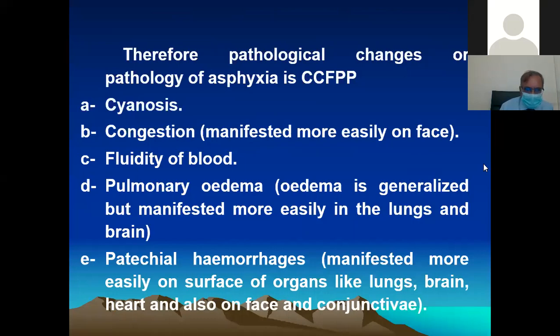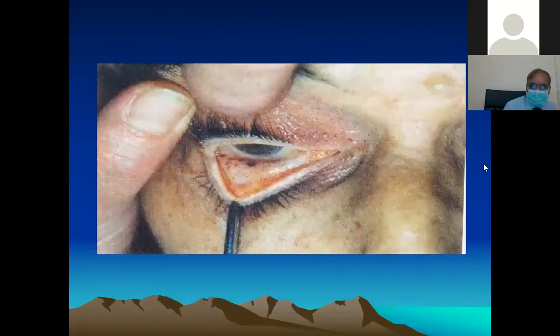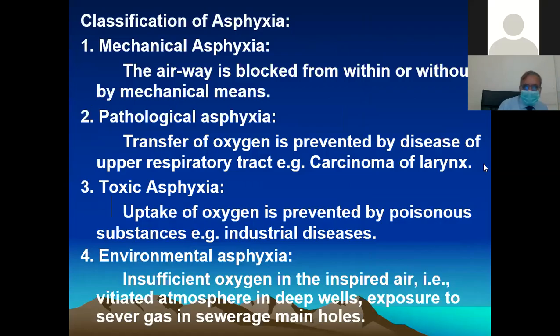Petechial hemorrhages are also present in many organs, but you can demonstrate them on the lungs, brain, surface of the heart, face, and conjunctiva. Again, congestion and petechial hemorrhages on the forehead, and on the lungs. We will continue in the next lecture.